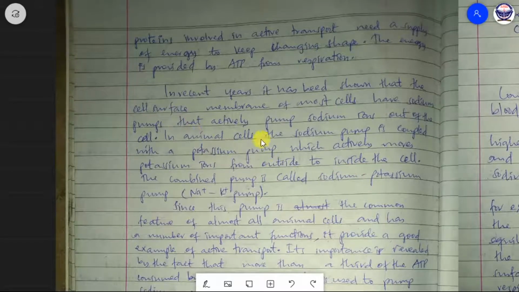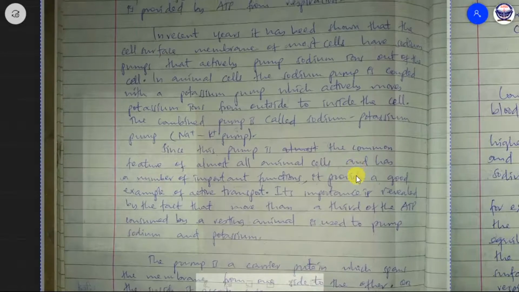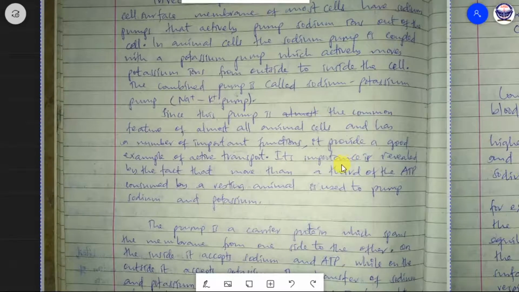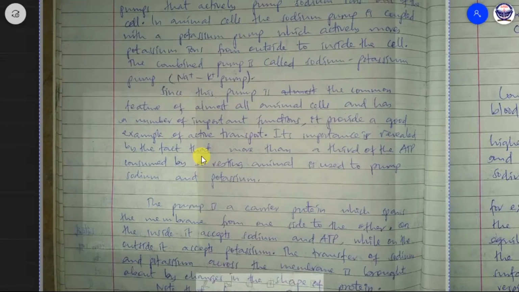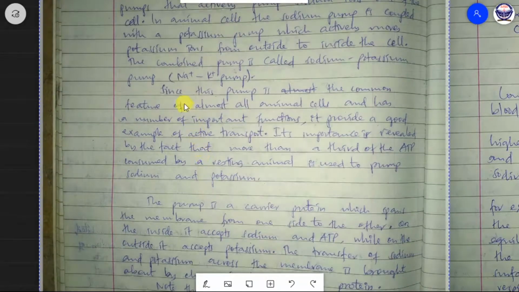Now in animal cells, the sodium pump is coupled with the potassium pump, which actively moves potassium ions from outside to inside the cell. The combined pump is called the sodium-potassium pump. It is very common in many cell membranes and is responsible for many cellular activities in different categories of cells.